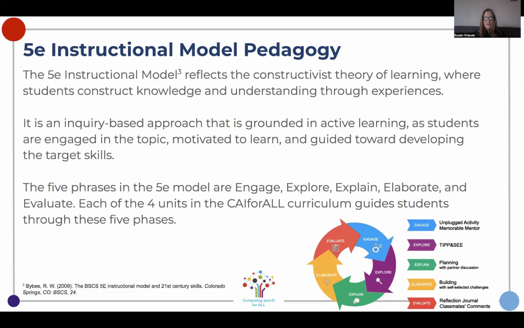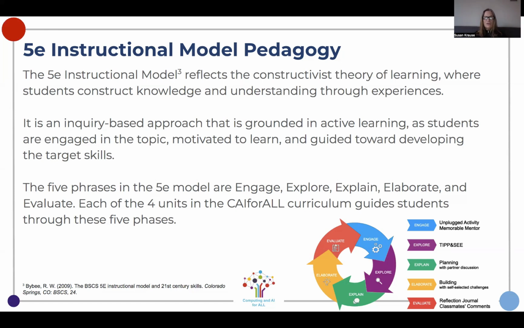The 5 phases in the 5E model are engage, explore, explain, elaborate, and evaluate. Each of the 4 units in the CAI for All curriculum guides students through these 5 phases.